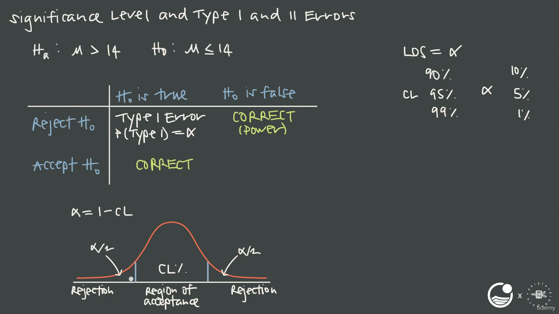Similarly, if we find that z-score or t-score that puts us to the left of this boundary on the lower edge, such that we're in the region of rejection on this lower tail, then we will reject the null hypothesis. But if our z-score or t-score puts us in this middle area here, in between these two boundaries, we're inside that region of acceptance, and we will accept the null hypothesis, also known as we will fail to reject the null.